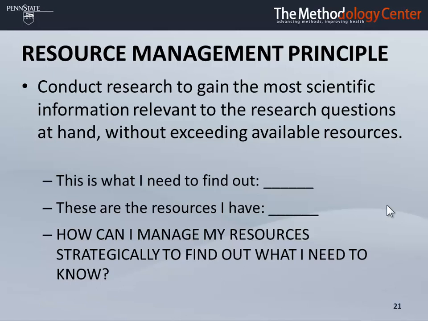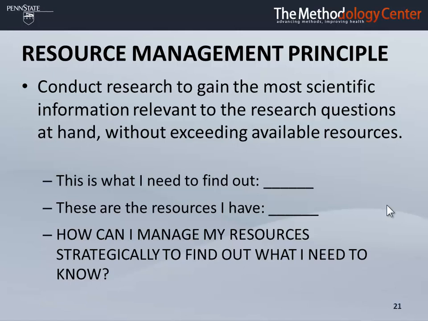So with the resource management principle, you start with a clear statement of what you need to find out, and then a clear assessment of what resources you have or can reasonably get, a reasonable budget you could put into a grant proposal, say. And then you ask the question, how can I manage my resources strategically to find out what I need to know?